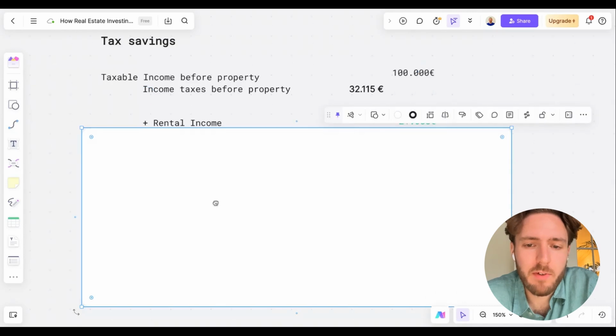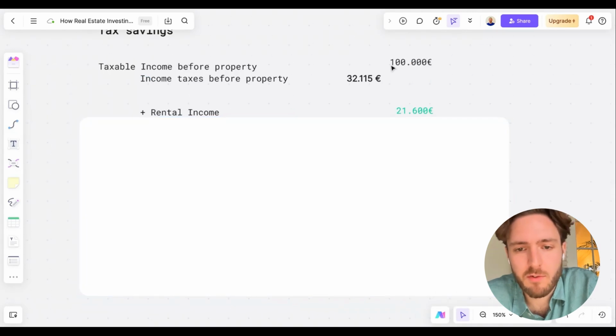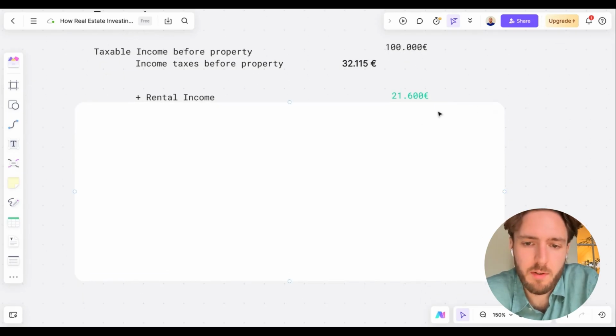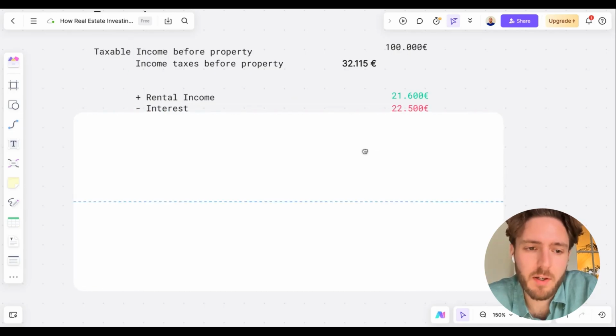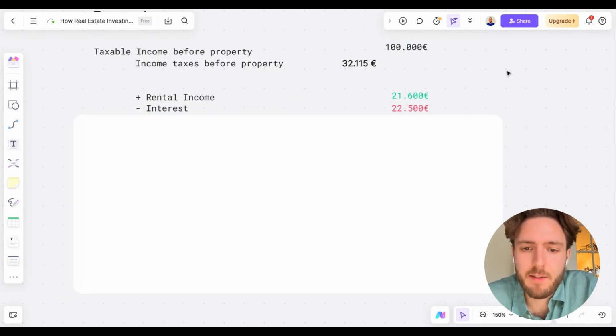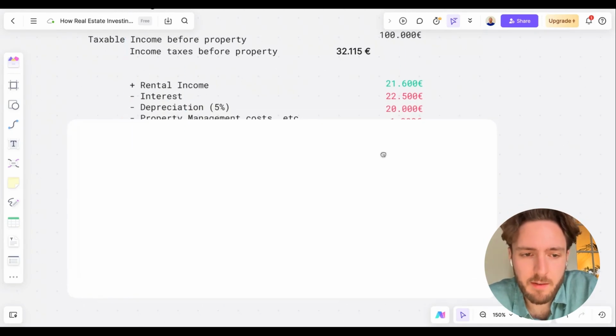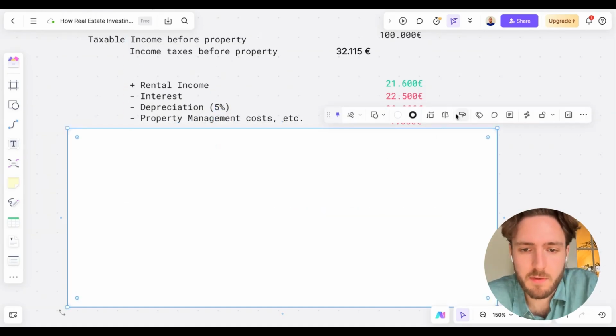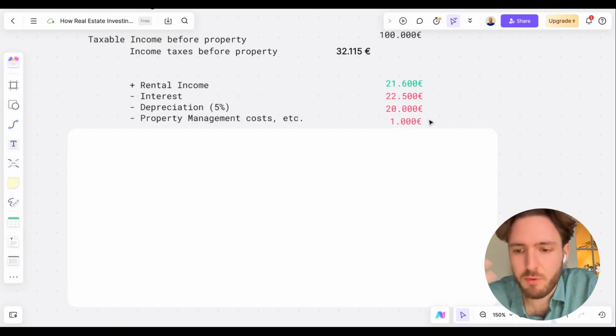Now, the rental income first increases your taxable income, right? Now, instead of 100K, you earn 121,000 euros. However, the interest is actually deductible. So is the depreciation, and so is property management costs. Okay, I put 1,000 euros here if you want to build the reserves a bit earlier.